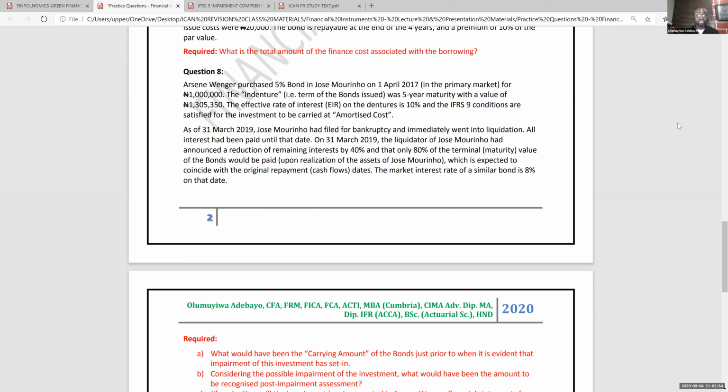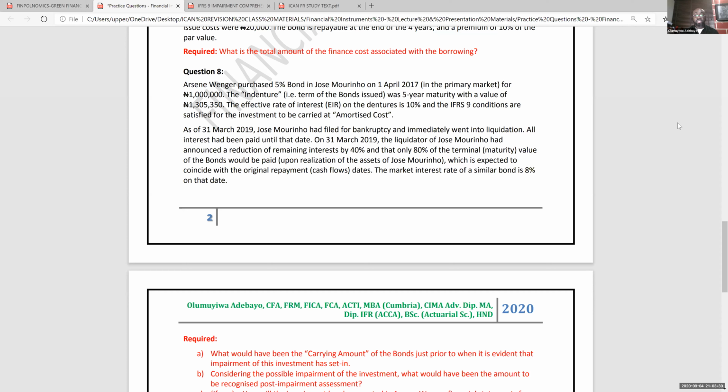All interest had been paid up to that date, which means interest that was due between April 2017 and March 31st, 2019 is already paid by Jose Mourinho, which means it's not owing, no past due exists, but it has been affected by a condition, probably because of the COVID-19 pandemic. Now he has declared bankruptcy.